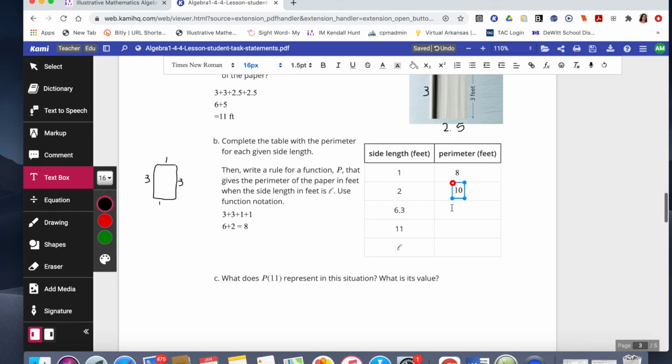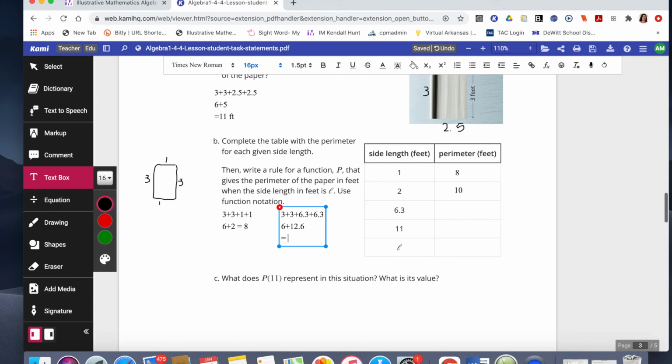Okay. If we have 6.3 as our side length, we still have our 3 plus 3 is 6. Then we would have to add 6.3 plus 6.3. I'll just type this one since it's a little more complicated. 3 plus 3 plus 6.3 plus 6.3. This would be 6 plus 6 is 12. 3 plus 3 is 6, so it would be 12.6.